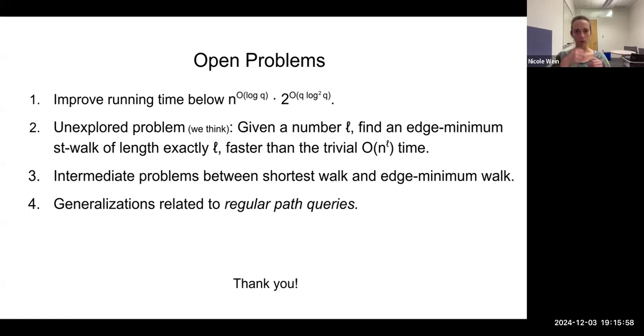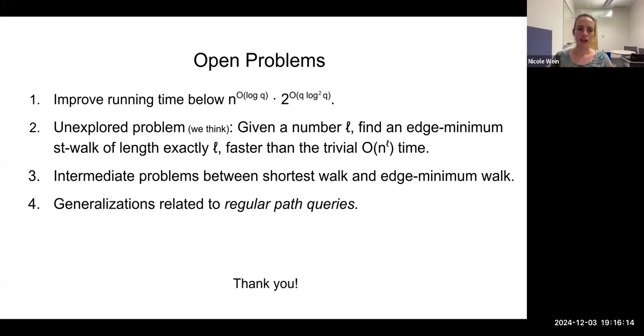The last open problem that I want to mention is generalizations that are related to regular path queries. It turns out that this is actually the original thing that brought this problem to our attention and made us want to study it.